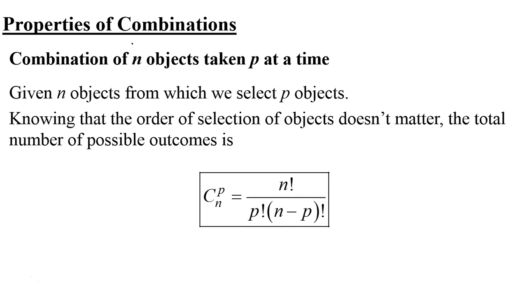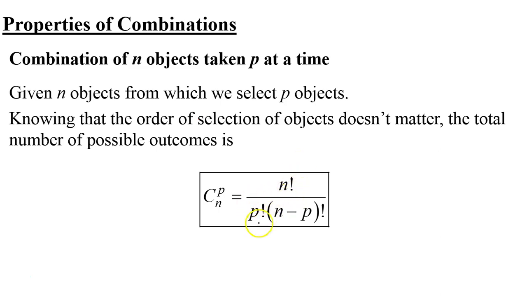For example, if we have n objects in total, out of which we are choosing or selecting p objects, and that's without order, then the total number of ways we could be selecting these p objects are called combinations.